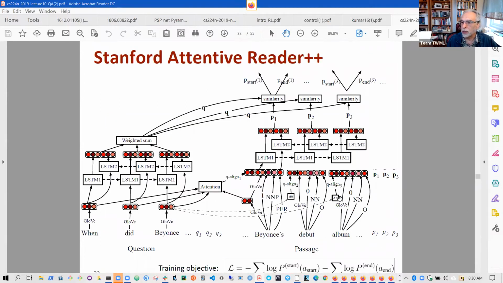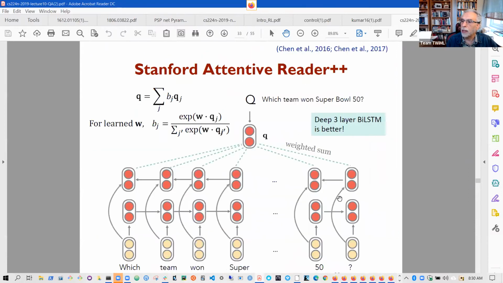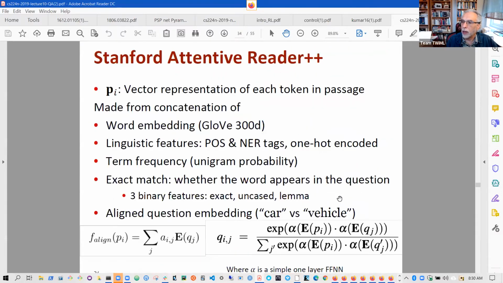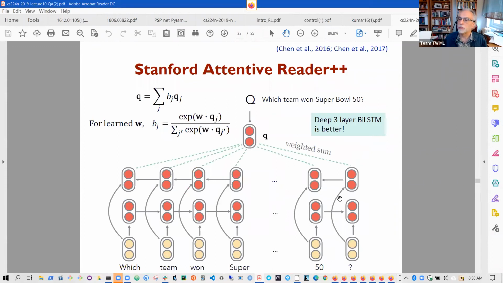So then he talks about some improvements that were made to this for a second round: the Stanford Attentive Reader++. Let's see. The first change in the model was some kind of attention, but it's with respect to what they call a sentinel vector.